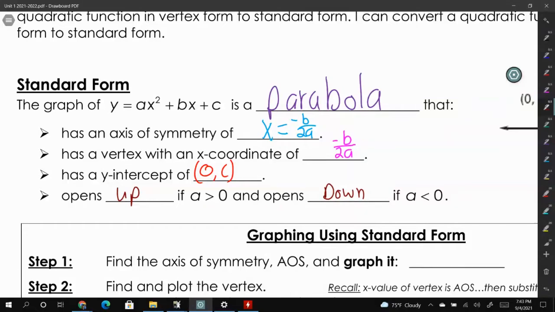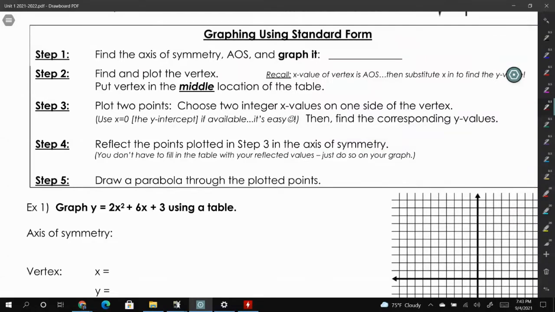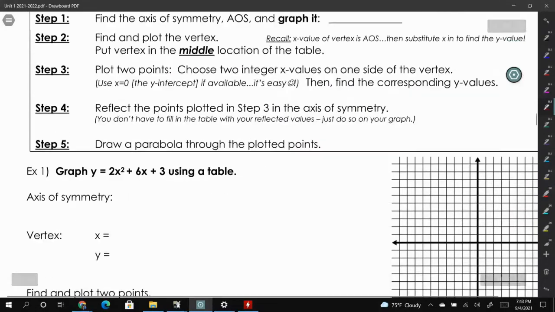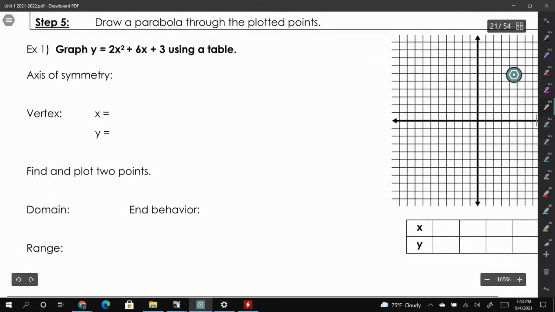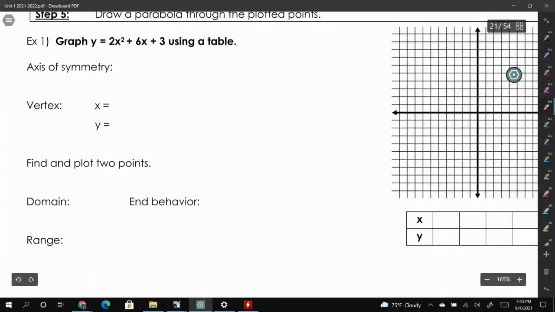And that means you have some options with how you deal with those. All right, so like before, I have the steps up here in case you forget, but we're just going to go down here and start with the examples, and I'll refer to these steps as I do them.